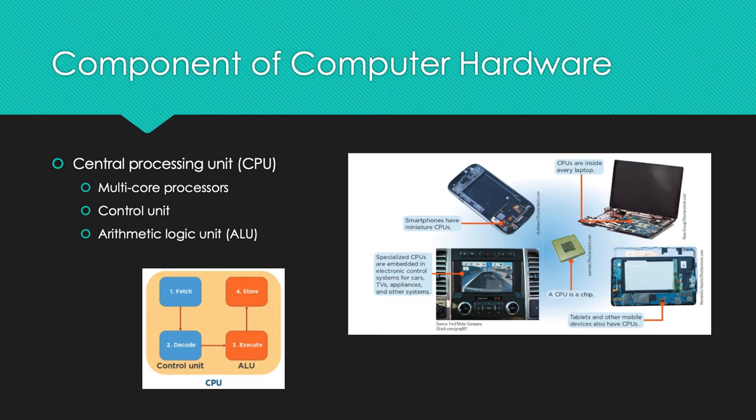Here on the diagram we see CPUs being used in cell phones, laptops, in your cars and tablets, everywhere. Even in your watches too. And nowadays you hear companies like Intel, where on the packages they have multi-core or dual core, for example.